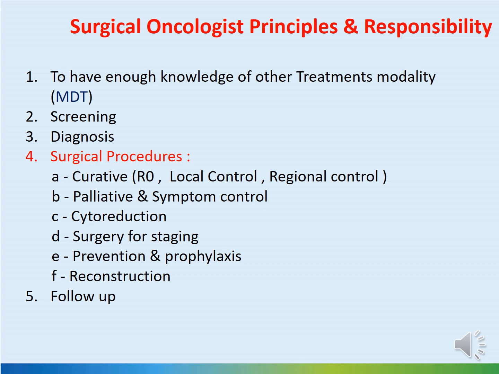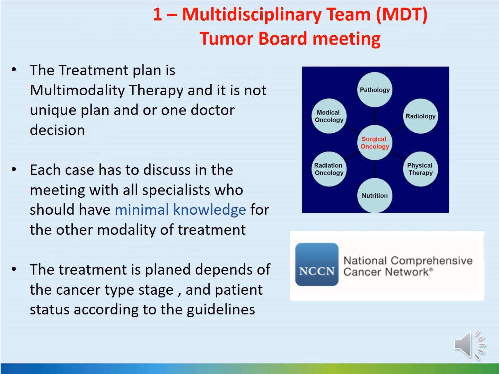We have to, number one, have enough knowledge about the other treatment modalities which we mentioned before, called the multidisciplinary team. We have to know how to screen for cancer among people, how to diagnose cancer, and at the end, how to follow up the cancer patient after finishing the treatment. We will explain each point one by one.